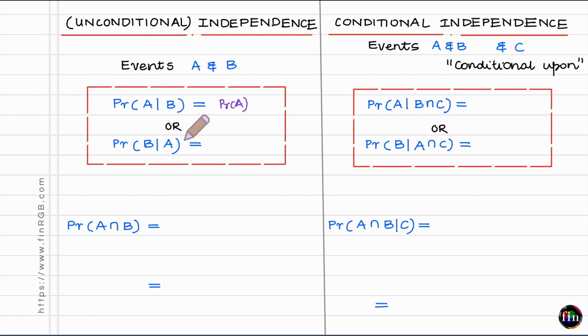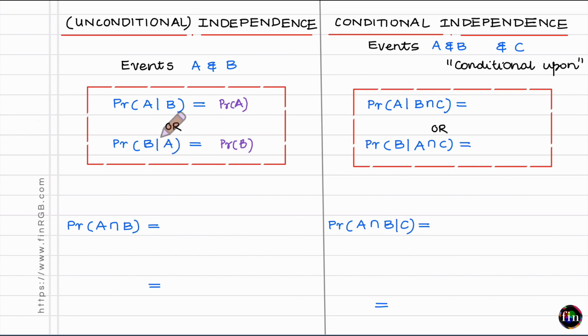Alternatively, if my focus was the probability of event B, then mathematically I can write down this fact that A and B are independent by writing the conditional probability of B given A to be equal to just the probability of B, an unconditional probability.